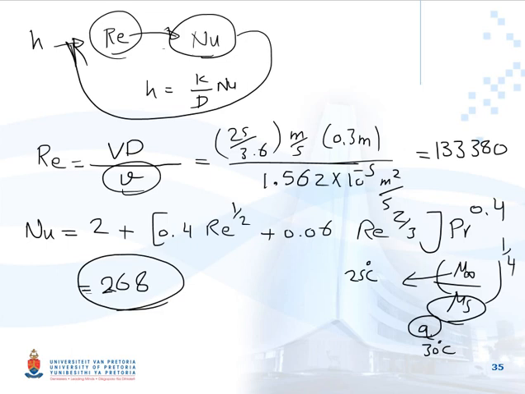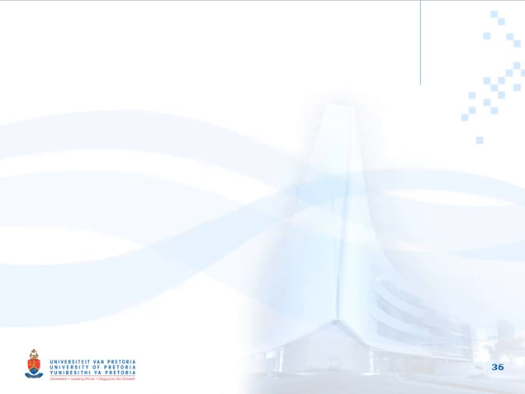Okay, so now we have the Nusselt number. From Nusselt equal to hD over k, H will be equal to 22.8 watts per meter squared Kelvin. Okay, now let's calculate the Q dot convection.